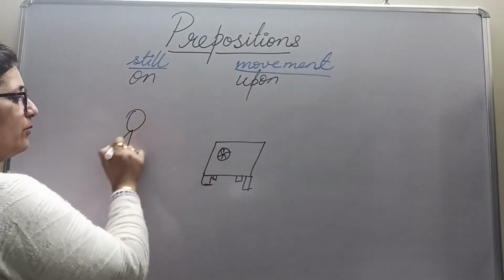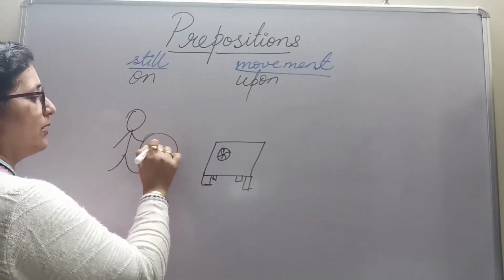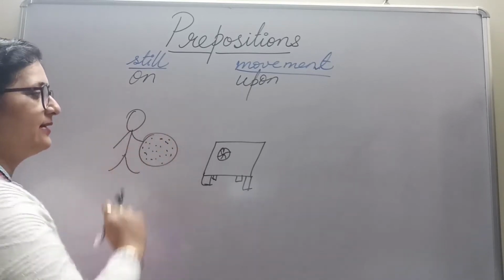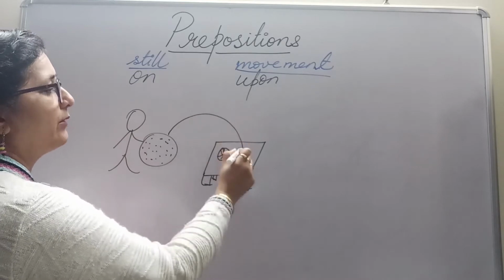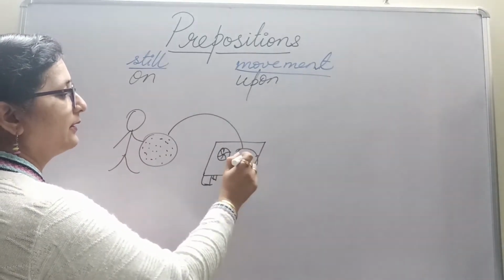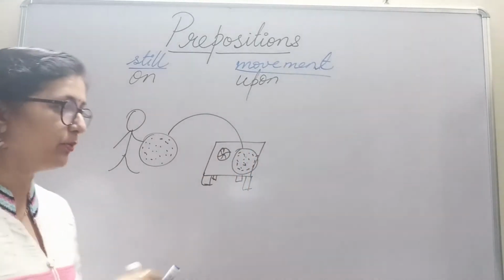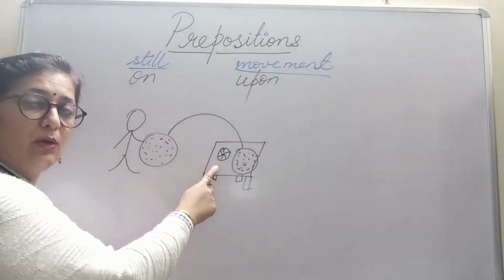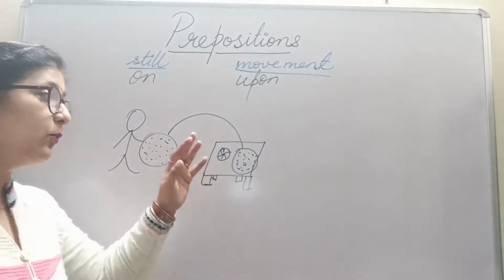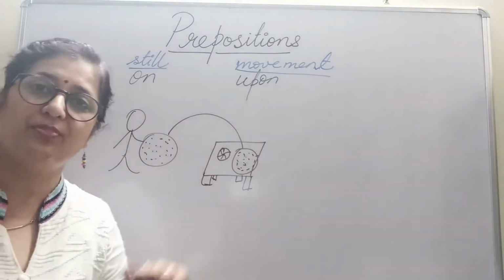Yet, there is another boy who comes playing around and he has yet another huge, little dotted ball, and he throws this ball right here on the table. Now, the small ball was already there. It is there on the table. Whereas the boy playing brings a ball and throws the ball upon the table.